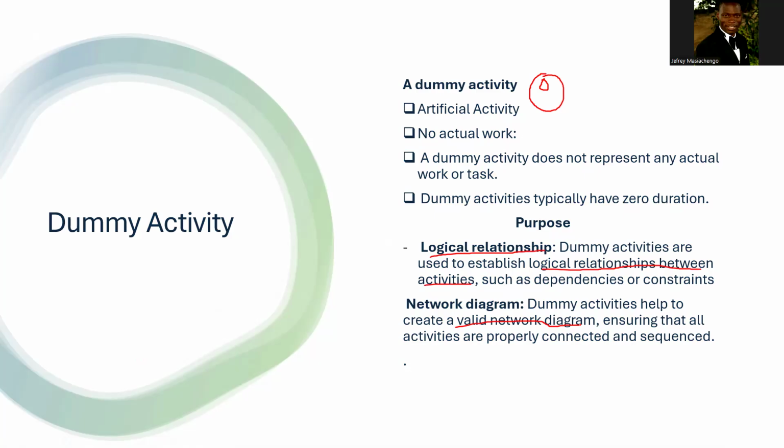So a dummy activity is there to ensure that we follow the rules of drawing a network diagram. For example, we draw it from left to right. It must have one entrance and one exit. So I think that's a dummy activity. I'll show you on the question that I'm going to do.